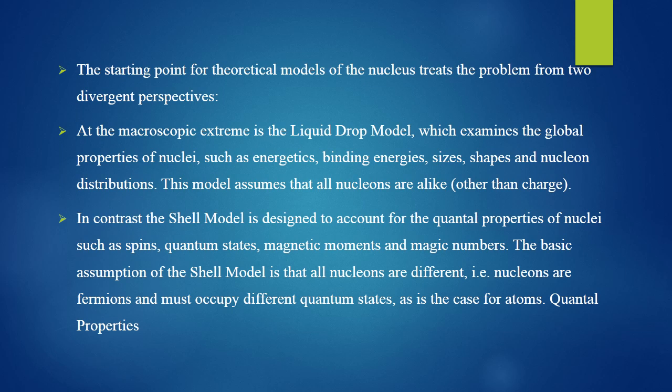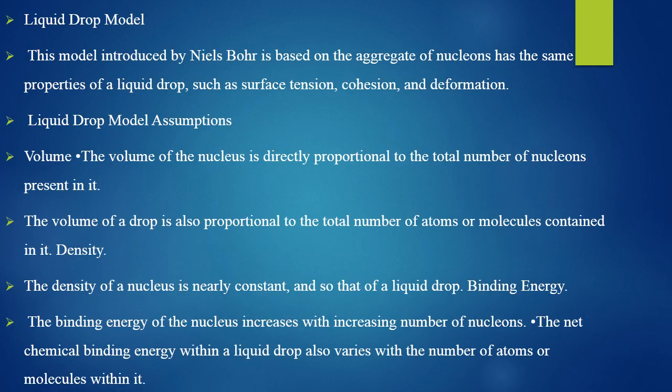The fundamental idea behind the shell model is that nucleons are fermions, and thus may occupy different quantum states, as in the case of atoms. Since it is treated with quantum mechanical factors like quantum states, spins, and magnetic moments, it details the micro and quantum structure of the nucleus.